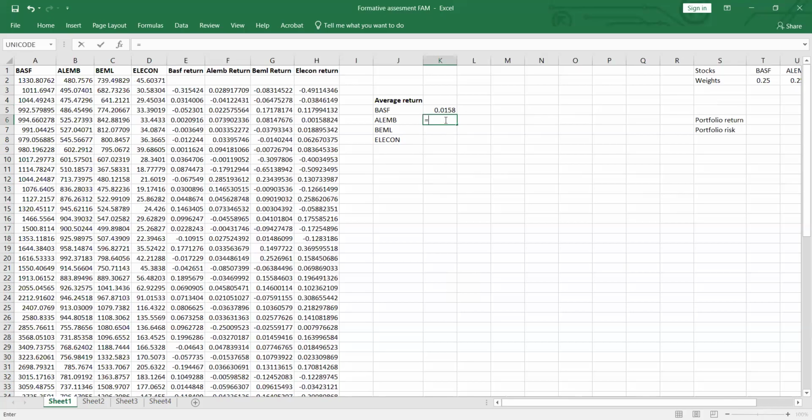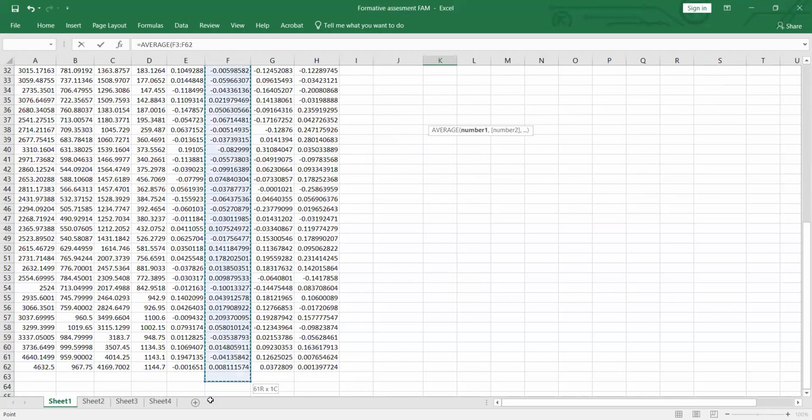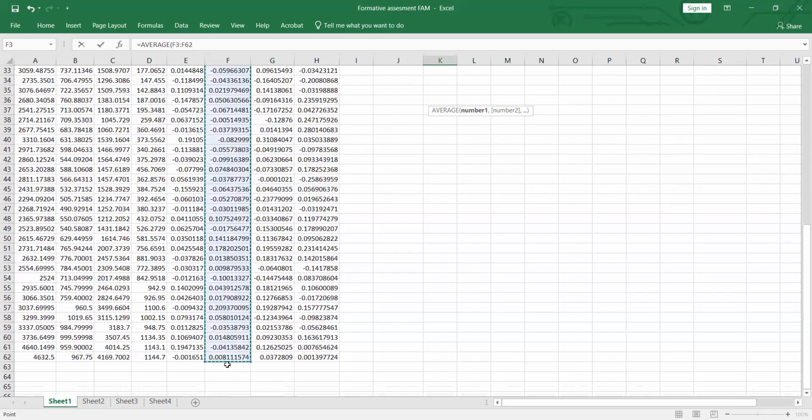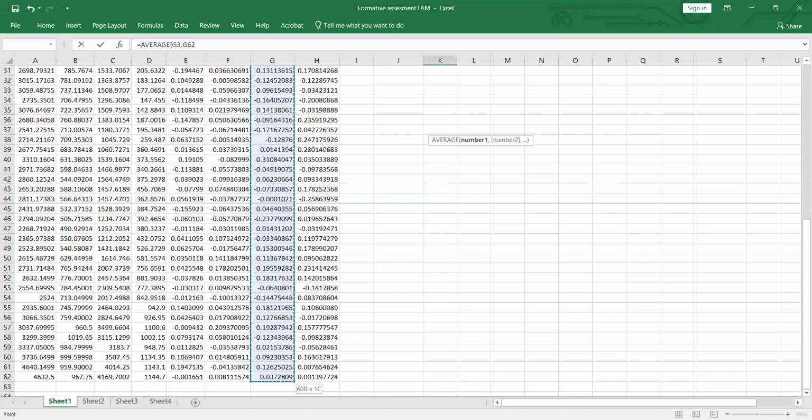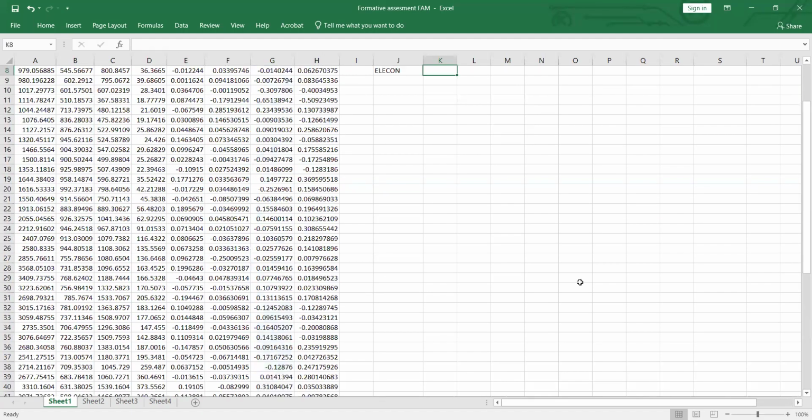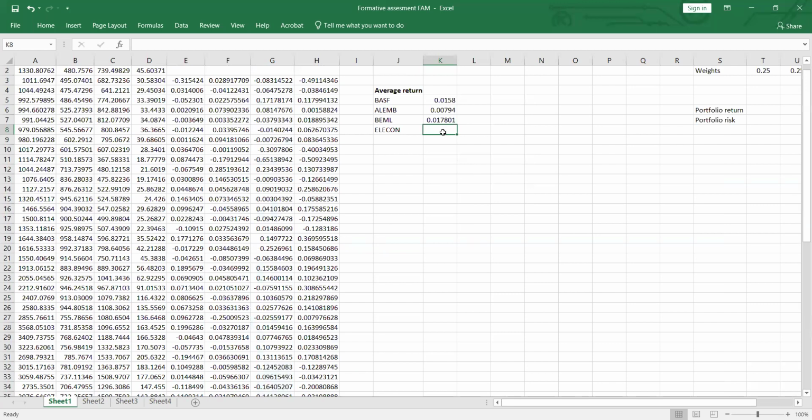Now we calculate ALEMB. We use the average formula again and select the whole row of cells. Now we do BEML, press enter, and we get the average stock return.